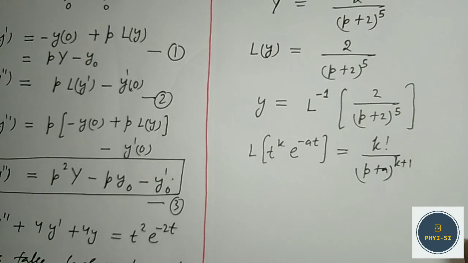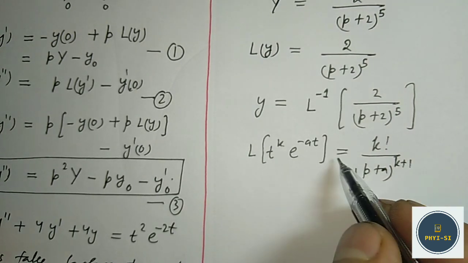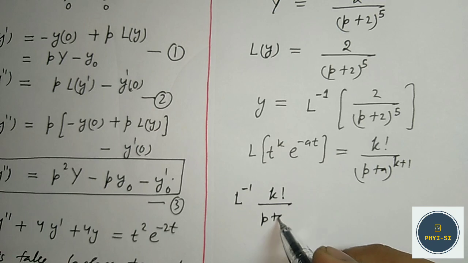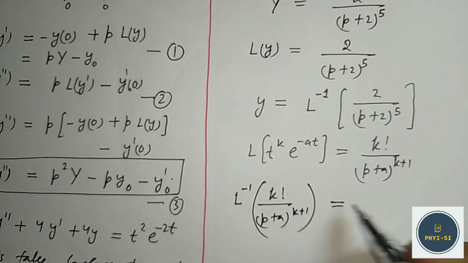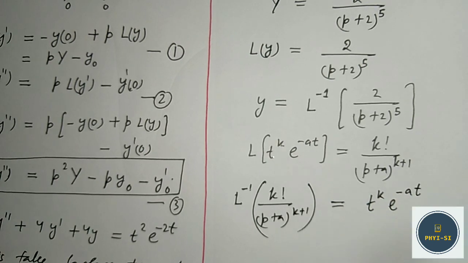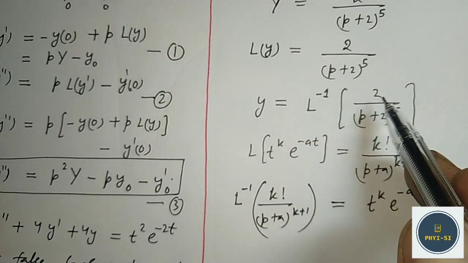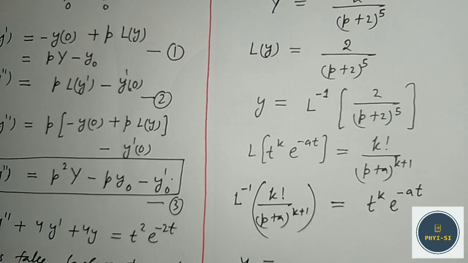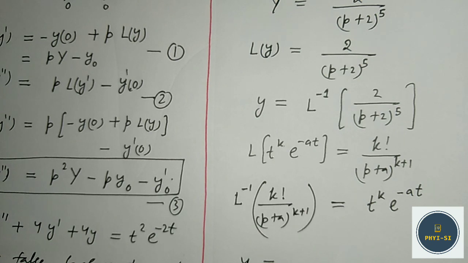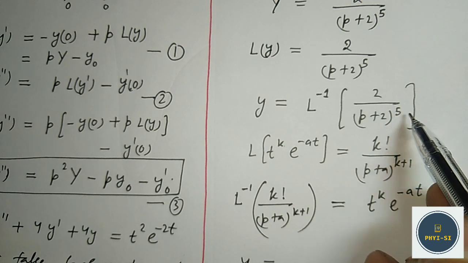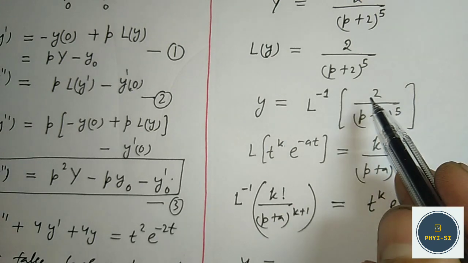So I can write that the inverse Laplace transform of k factorial over p plus a raised to power k plus 1 is equal to t to the k e raised to power minus at. Here, for this I can write y is equal to, we have, for this, k plus 1 is 5, so k is 4.